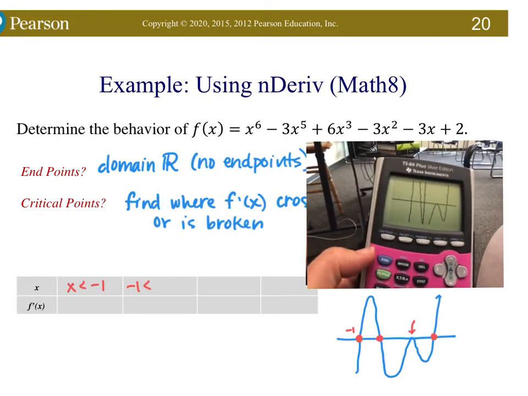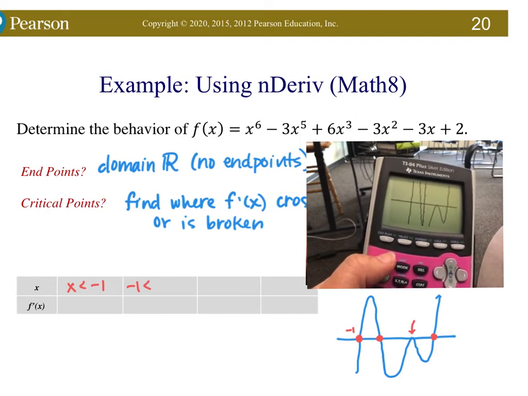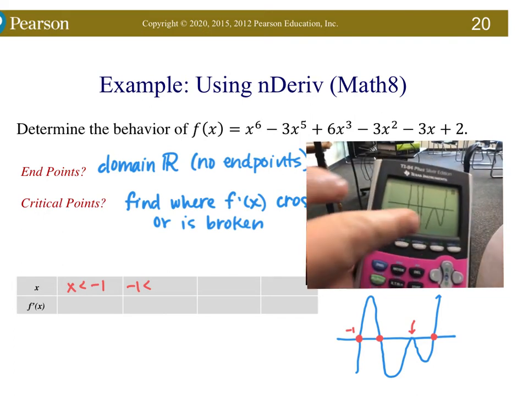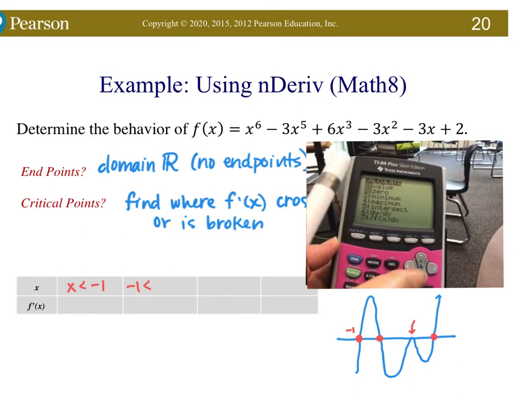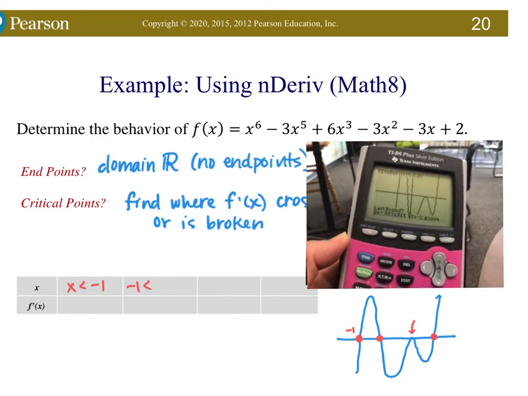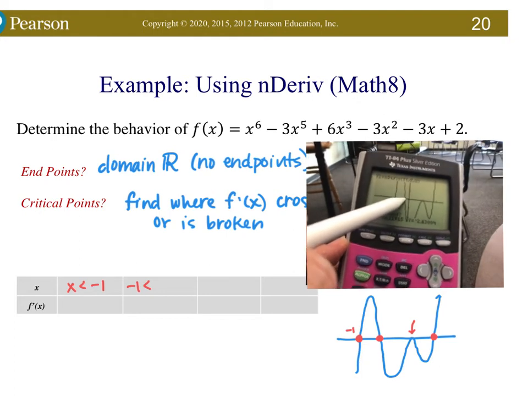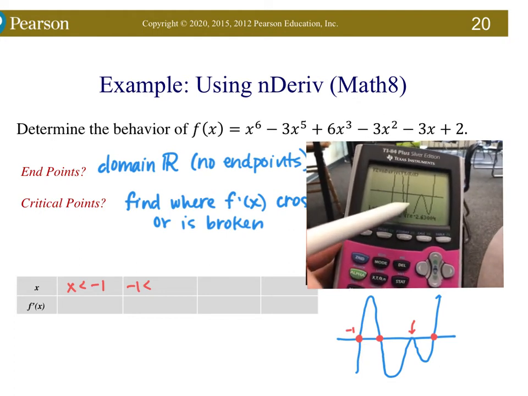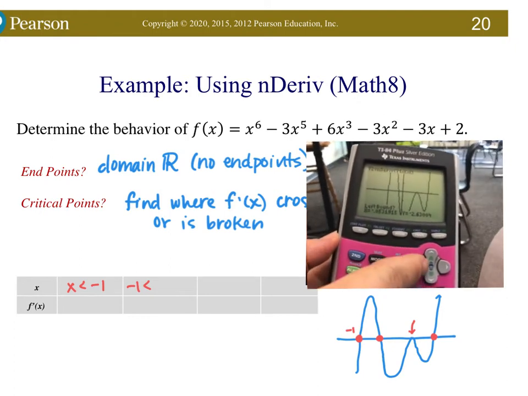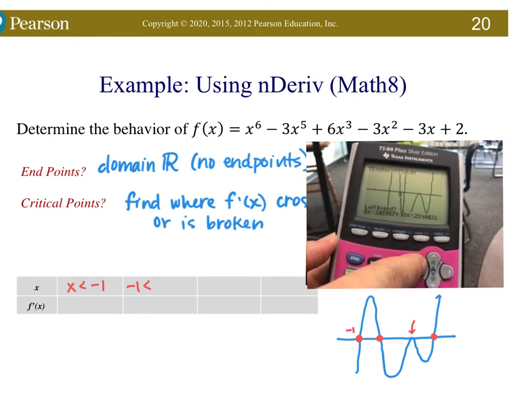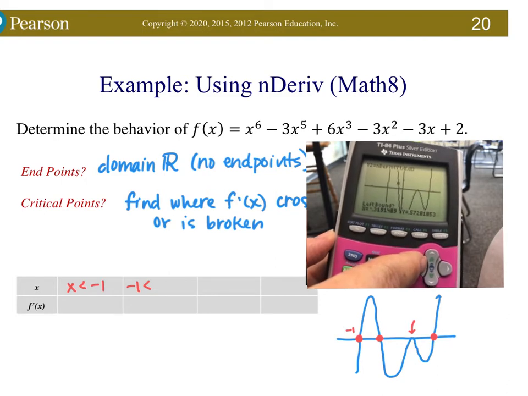Okay, let me remind you how to do that. So second trace, not just trace, but second trace. And I want to calculate the zero, which is option number 2. And I am looking for this point right here. So I need to make sure to set a marker to the left of it and to the right of it. So I'm going to move my little cursor, and I want to make sure I'm right above it.